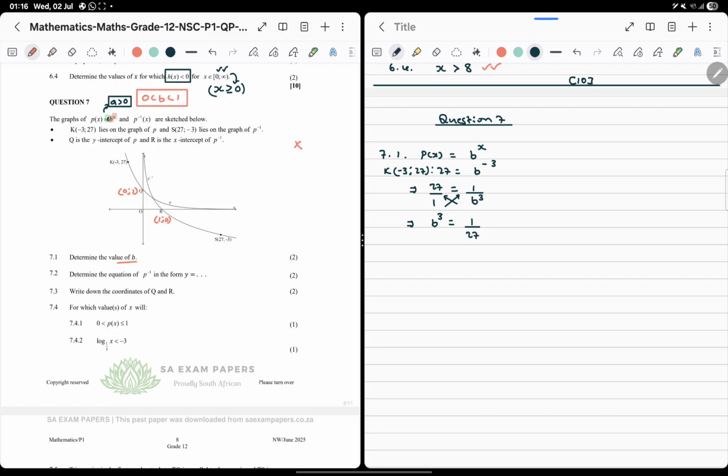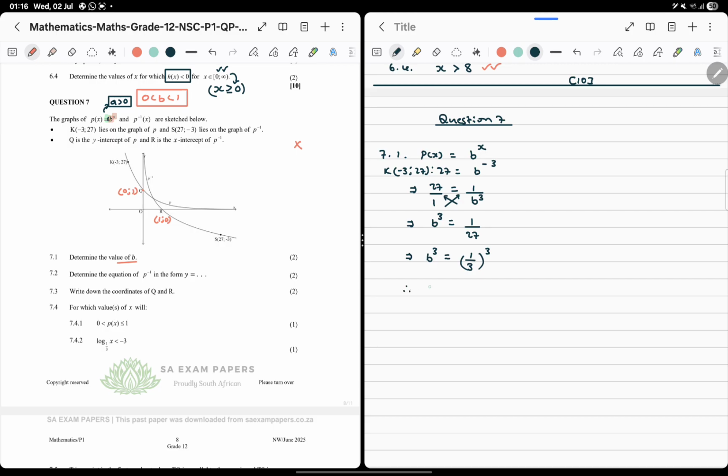So basically you can consider this as just flipping these. b goes with 1, 1 goes with 27. Nice and easy. You flip that, you can write b over 1. No issues. b over 1 is just b, or b cubed over 1. Now we can actually continue with our exponential laws. b cubed is basically 1 over 3, all cubed.